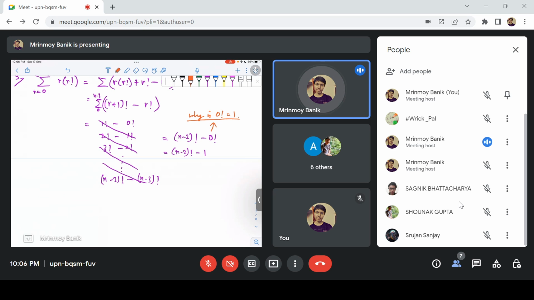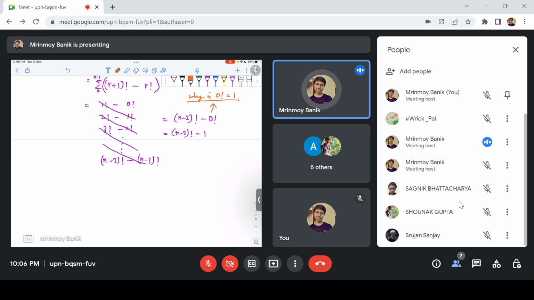So why is 0 factorial 1? You can write n factorial by n plus 1 factorial as 1 by n plus 1, right? So we can use this as a definition of factorial: n factorial is n plus 1 factorial by n plus 1.